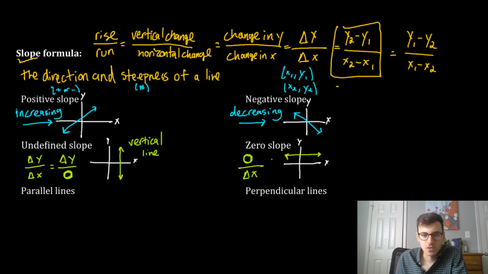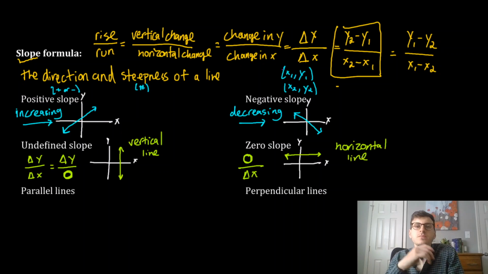No change in y. It's horizontal, but there's change in x all over the place. So a zero slope is a horizontal line. So those are two special types of slopes that don't fall into our normal categories.